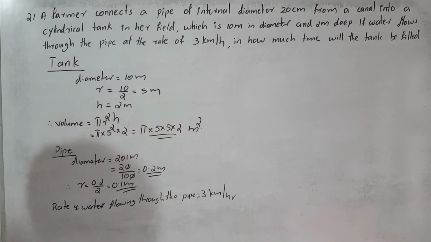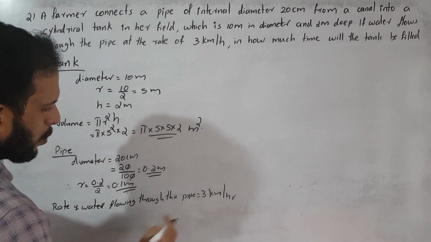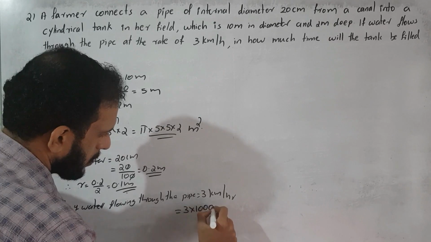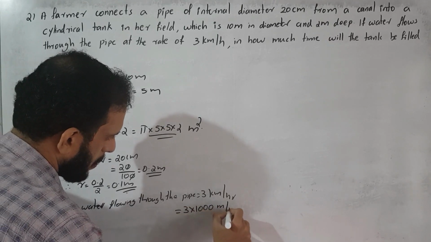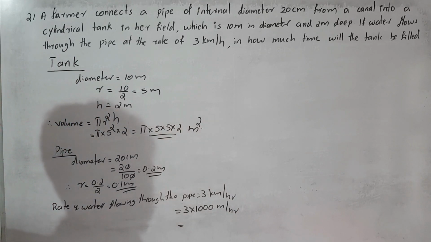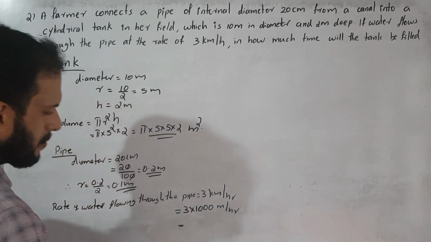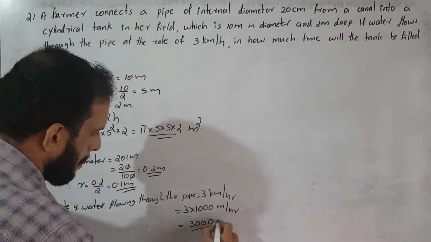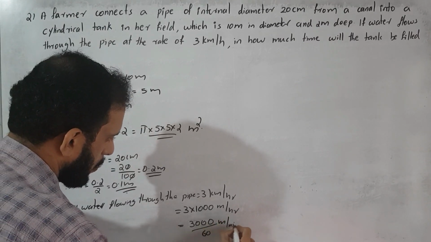So next we convert the 3 kilometer per hour in terms of meter per minute. Then we convert one by one. First we convert the kilometer to meter, so we multiply by 1000 meter per hour. Then to convert hour to minute, we divide by 60. 3000 by 60 meter per minute.